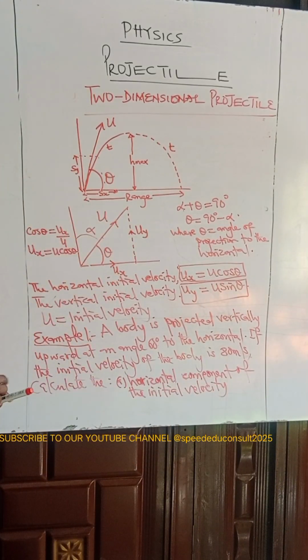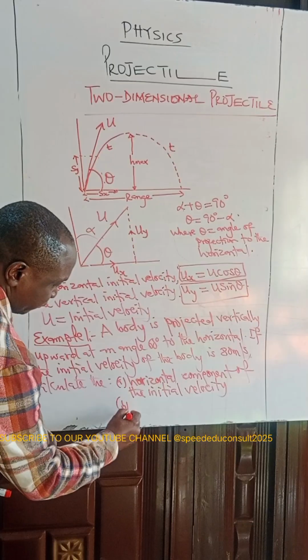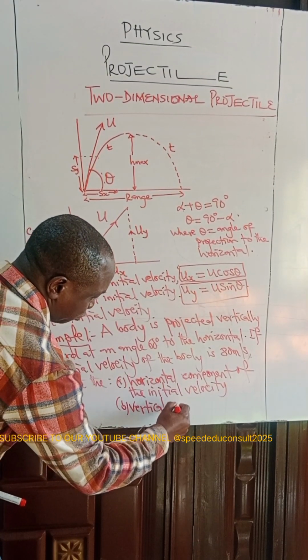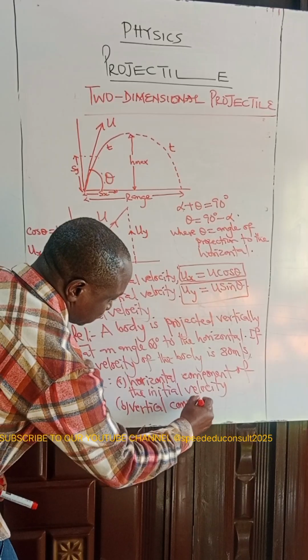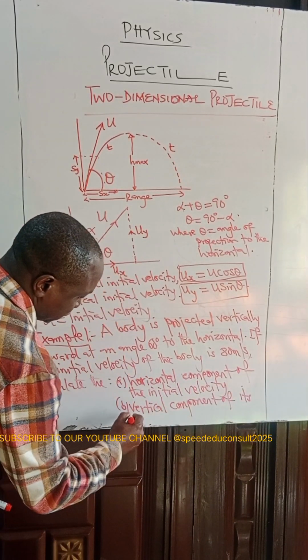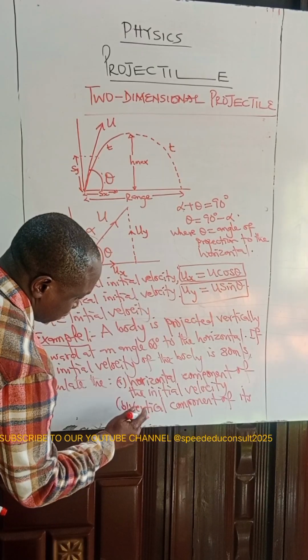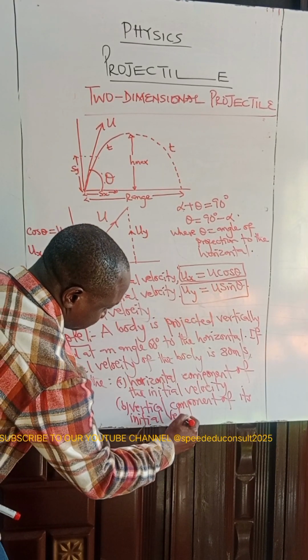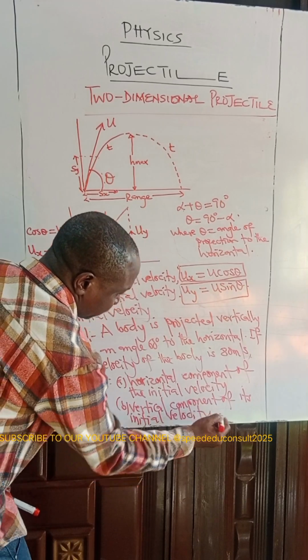That is A. B, find the vertical component of its initial velocity as well.